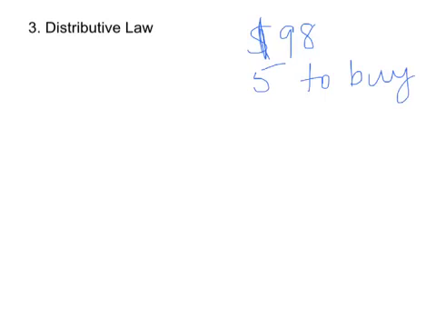Well, now, I could think about 98 plus 98 plus 98 plus 98 plus 98. Have I got to 5 yet? Or I could think, well, $98 is almost 100. I can think, gee, that'd be easy just to say it's $500 almost, but not quite. How much have I gone too far? Well, I've done 5 lots of 2 too much. So I'm expecting that the total is just going to be 490.